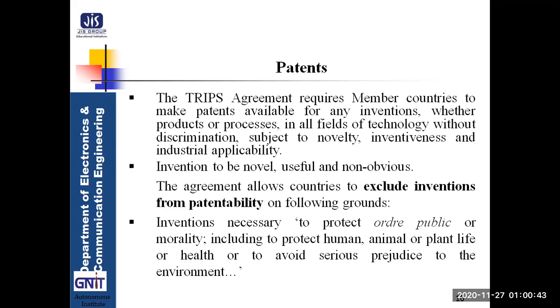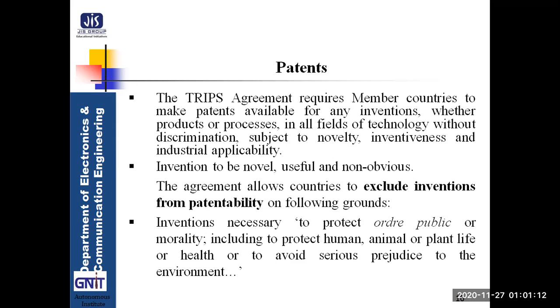Patents are another aspect. This TRIPS agreement is applicable for all. The TRIPS agreement requires member countries to make patents available for any inventions, whether products or processes, in all fields of technology without discrimination, subject to novelty, inventiveness, and industrial applicability. The invention is to be novel, useful, and non-obvious.